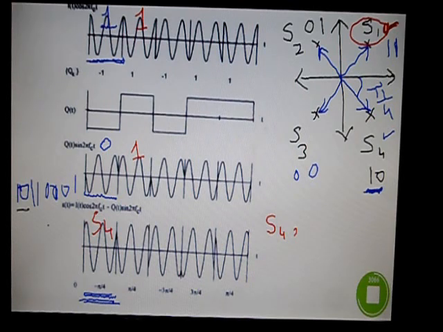S1 has an angle plus pi by 4. This one is minus pi by 4 for S4. But now we have S1, and the data is 1, 1. So for 1, 1, we have to transmit S1, and we can see that when we add this waveform and this waveform, the I channel and the Q channel, we get a waveform which has an angle pi by 4.